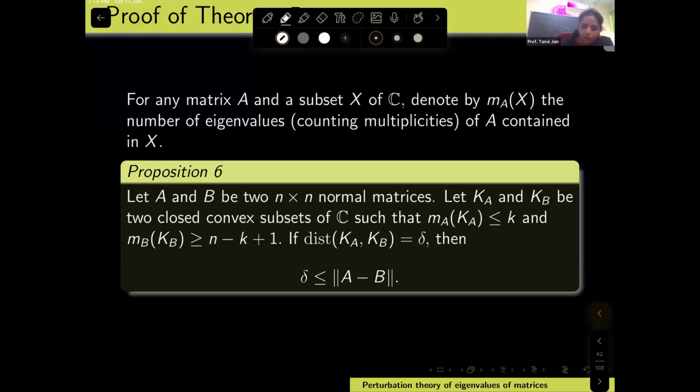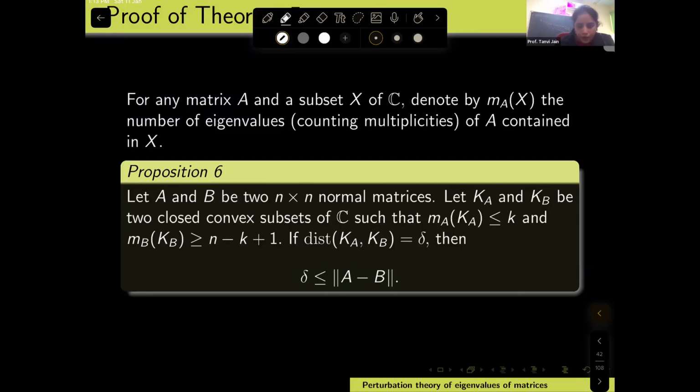Now my proposition says that if I have two unitary, or normal, matrices A and B, and K_A and K_B are two closed convex subsets of C such that K_A contains k eigenvalues of A and K_B contains at least n minus k plus 1 eigenvalues of B, so M_A(K_A) equals k and M_B(K_B) is greater than or equal to n minus k plus 1.